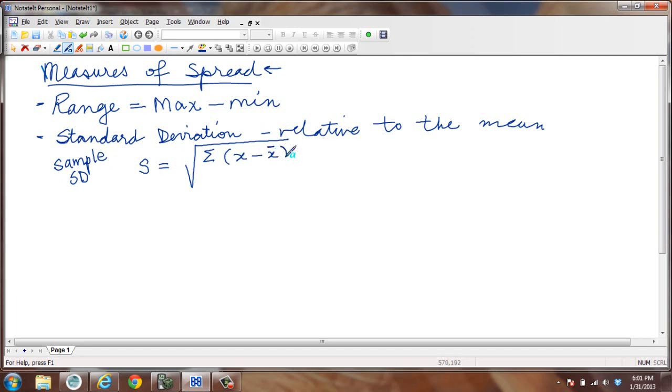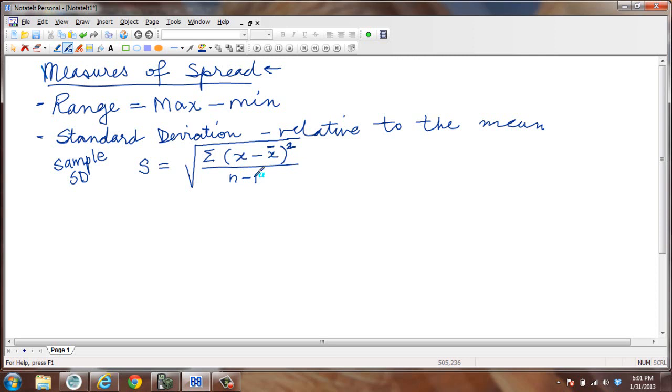If you remember, x bar stands for the mean, squared, that whole thing squared, divided by n minus 1. So summation of x minus x bar squared divided by n minus 1, and the square root of that is the standard deviation.